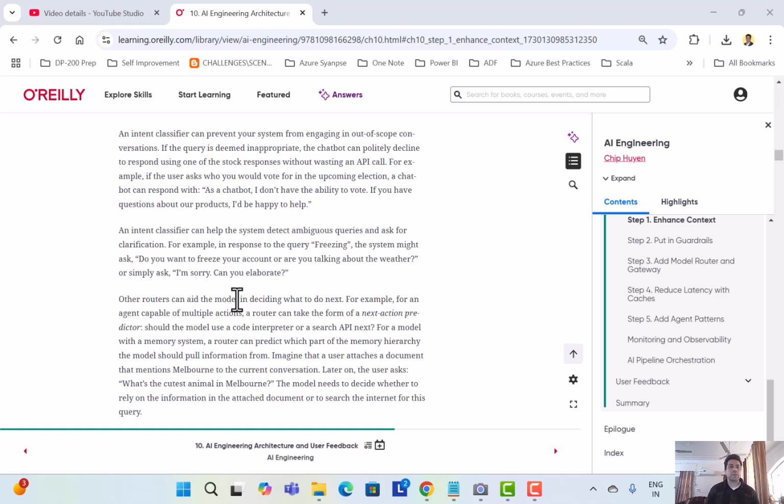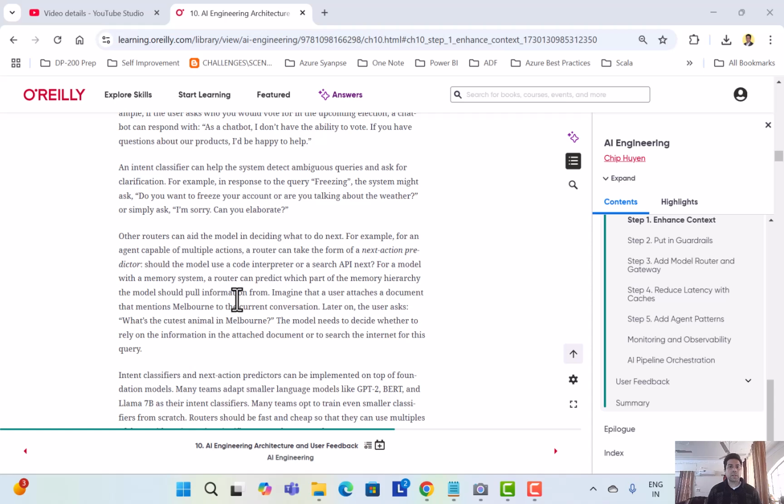Instead, it will return some boilerplate response stating that you cannot ask that, or something like, "I don't have access to such information," which is good to have.